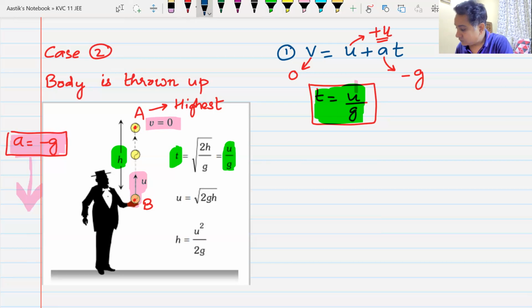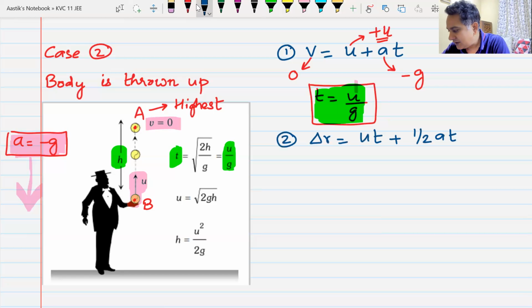Okay. Now, if I come to the second equation, displacement is equal to ut plus half at square. What things are known to me? What is unknown? Displacement will be taken as plus h, from lowest point to highest point. u is known to me, u is plus u.